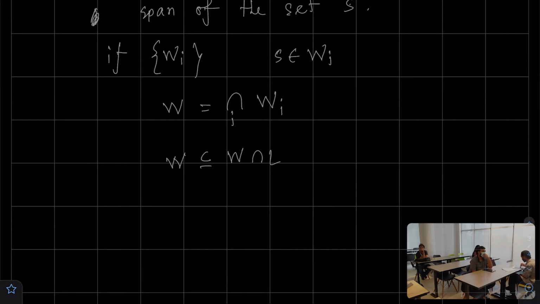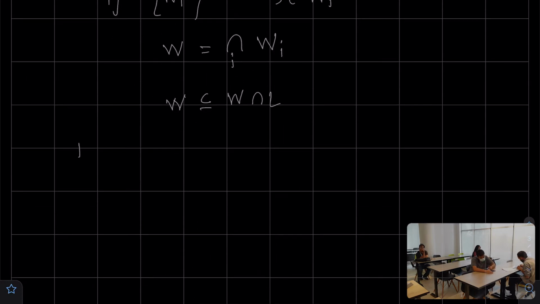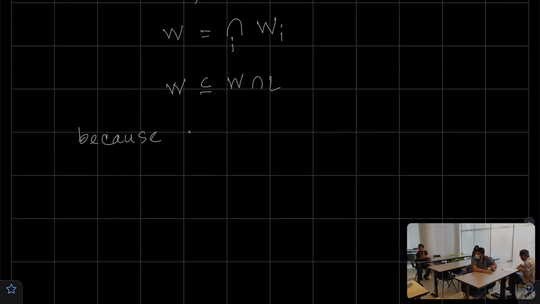Why? Because W contains L. Because you cannot write it that way, sir, because W is, let me write this, W is in all such intersections, because this is the definition of the span, right?